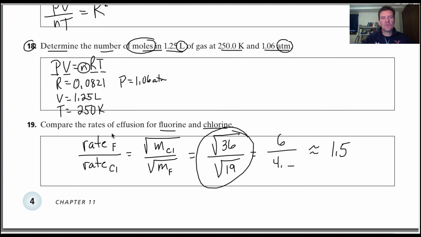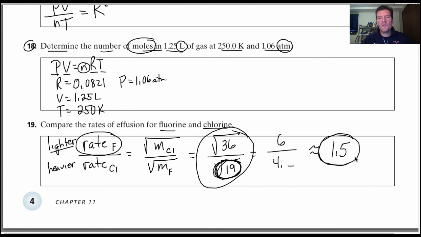It means the rate of fluorine, that's the lighter one, according to the periodic table, it's lighter. This is the heavier one. The lighter one is going to travel approximately 1.5 times faster than the heavier chlorine. Okay? And that's how you compare them.